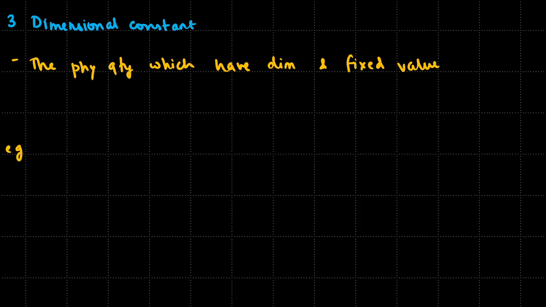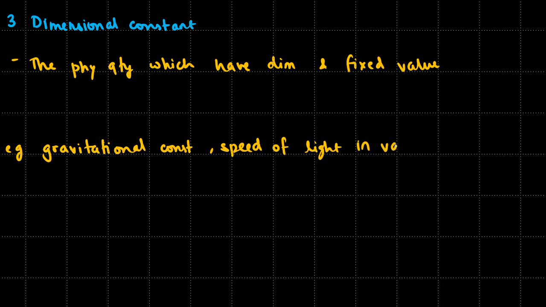So we can write gravitational constant, and another is speed of light in vacuum. Its symbol is C and it's approximately 3 into 10 to the power 8 meter per second.